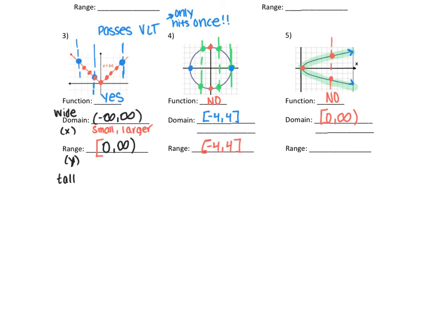And now the range is how tall the graph is. Well, this arrow, if we were to kind of continue it, just so that you can get a picture, see how it goes up? And this one's going down forever. So it's going up forever, down forever. I know we're going to the right here, but you kind of have to look. I'm going right, but I'm also going right and up. Here I'm going right, but I'm still also going down.